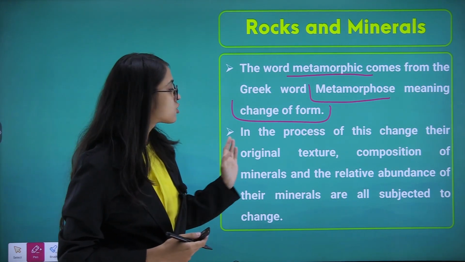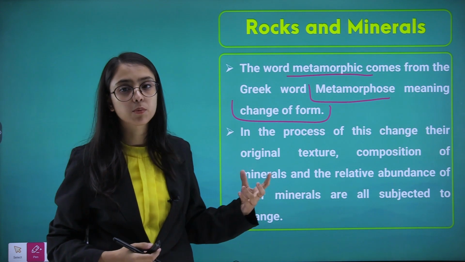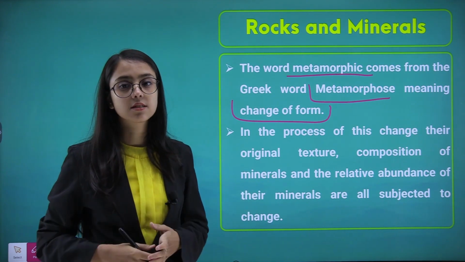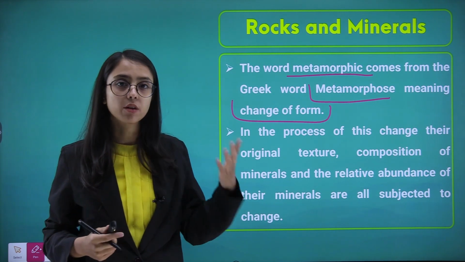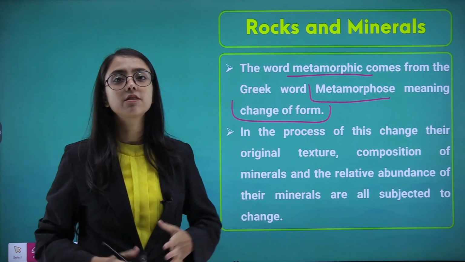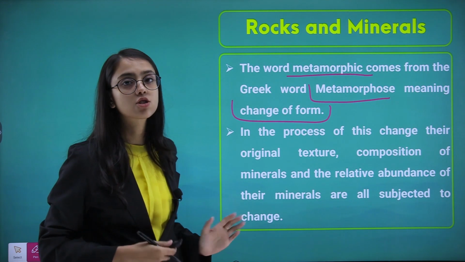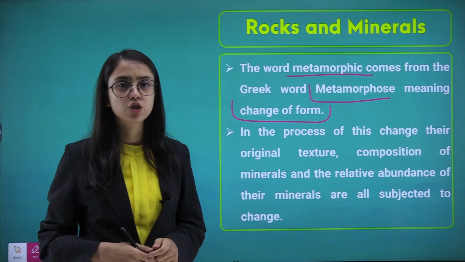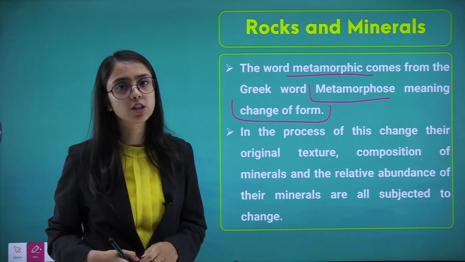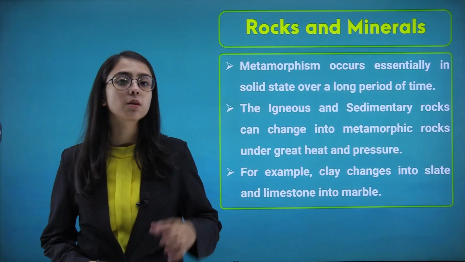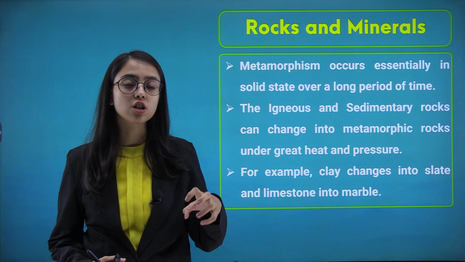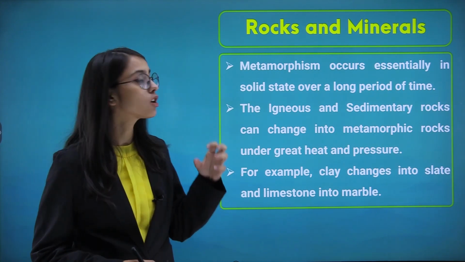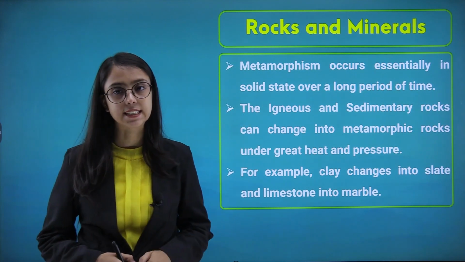So, the minerals and their relative abundance are subjected to change over a period of time. There are several factors which result in this change: climatic conditions, major landform changes, extinction of certain species, etc. Metamorphism, or the process of changing of the composition and texture of these rocks, takes place over a long period of time and in solid state.